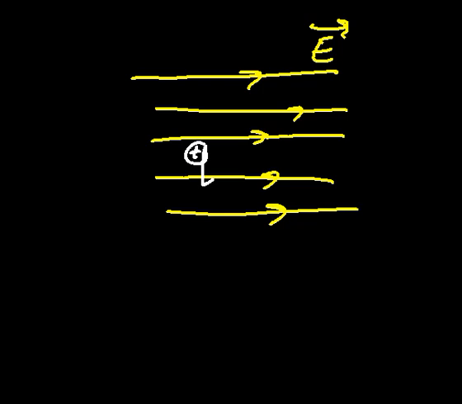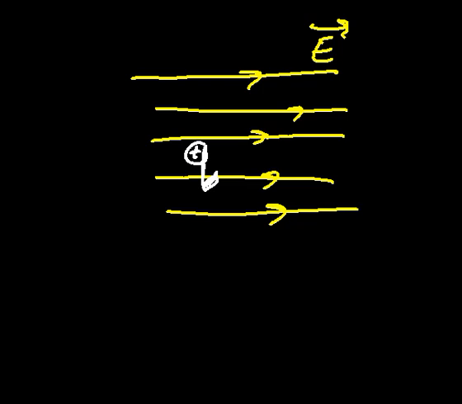Now, according to the principle, whenever there is a charge present in the electric field, that charge experiences a force. When the charge is positive, the force it experiences is in the direction of the electric field lines.